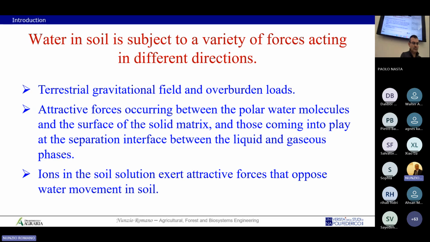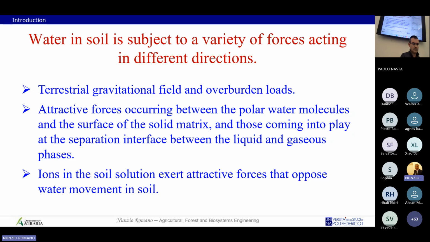If you want an example of overburden loads, you can consider a house just put on a piece of land. This is an overburden load. But every one of us and all the objects are subject on our planet to the gravitational field. All of us are subject to gravity.